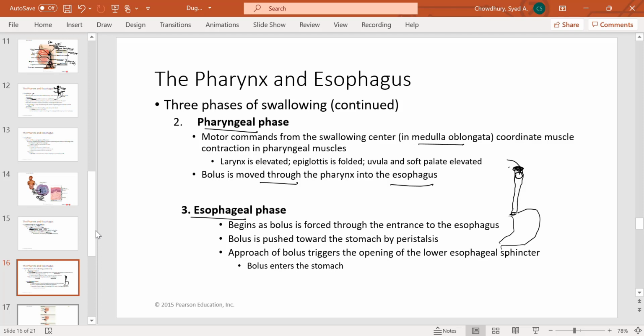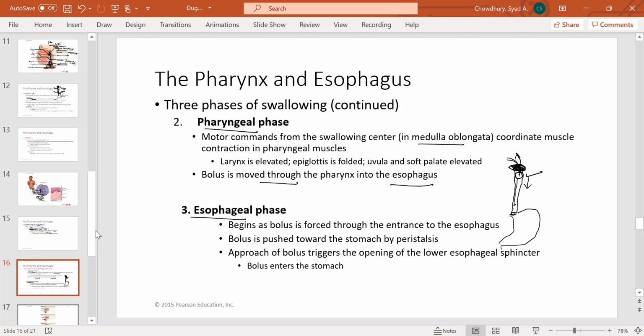So first it will stay open, let the food bolus get in, and once it is inside the esophagus, the sphincter will constrict to narrow the opening, which is helpful because the food will not be able to go back to the pharynx. Makes sense? Food can only now go downwards, and food will move very fast.